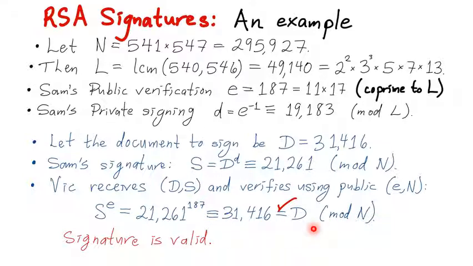So the signature checks out as valid and is the only signature that would do so. And that's one of the features of the RSA scheme, as I had mentioned. The signatures are unique. There is a one-to-one, bijective correspondence between RSA documents and RSA signatures.